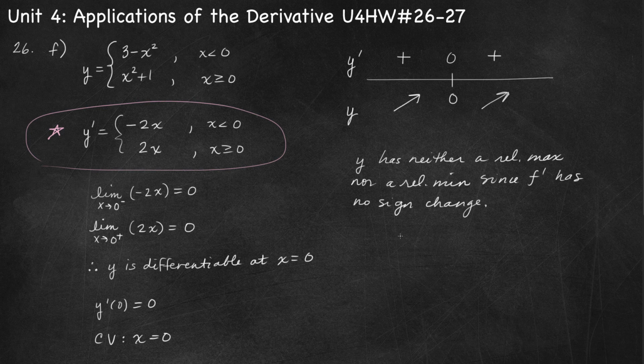Let's go back and call it Y, just because the problem was given in the form of Y equals. So I'm going to stick with Y. So Y prime has no sign change, or we could have said Y is strictly increasing.